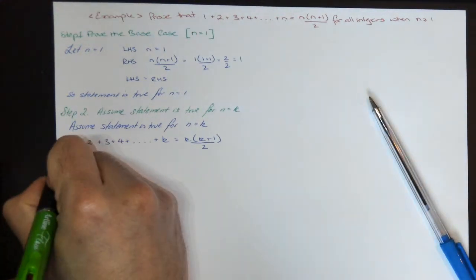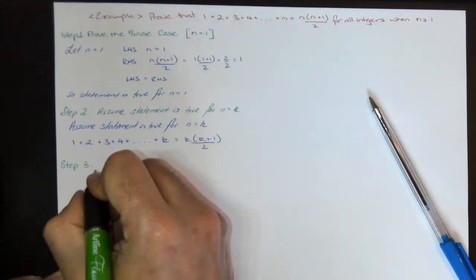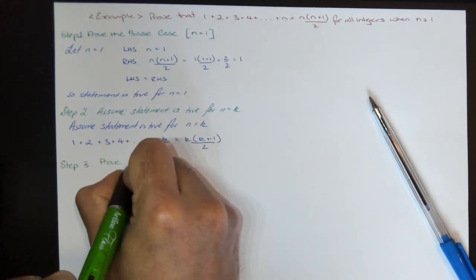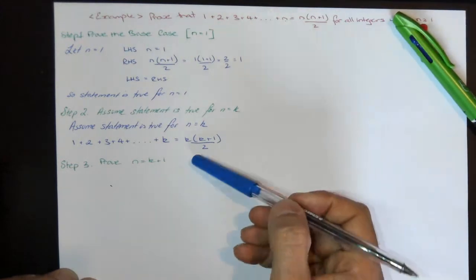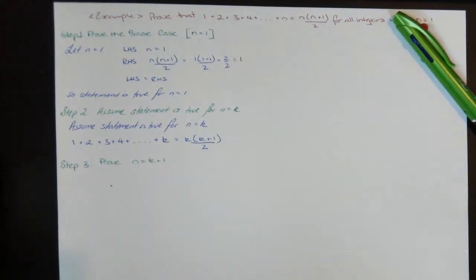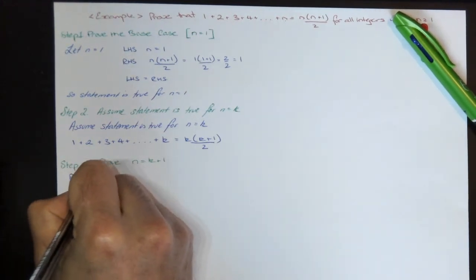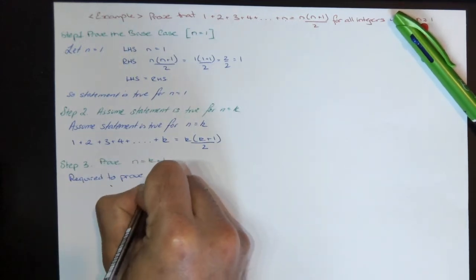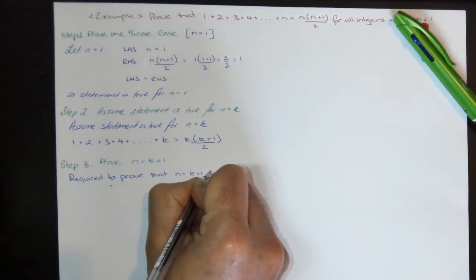Step 3. So step 2 and 3 is what we call the inductive step. And we want to prove that this is true for n equals k plus 1. So if a domino falls, the next domino behind it will fall. Okay, so we're required to prove that n equals k plus 1 is true.